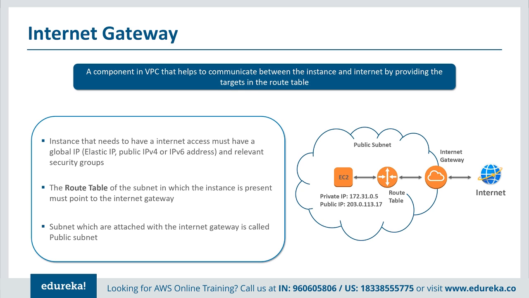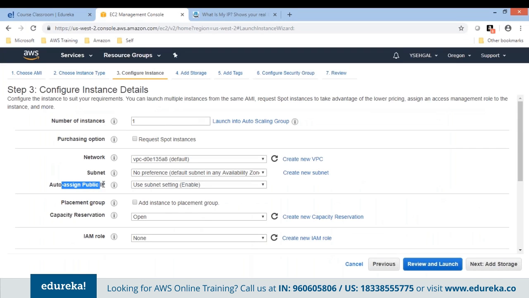In this example, the illustration that you see, you have an EC2 instance. It has both private and public IP address associated with it. When you provision an instance, recall that you have an option to auto assign public IP address. In the default VPC, this option is always enabled, whereas in the custom VPC or non-default VPC, this is disabled. So you can always go ahead and change it.